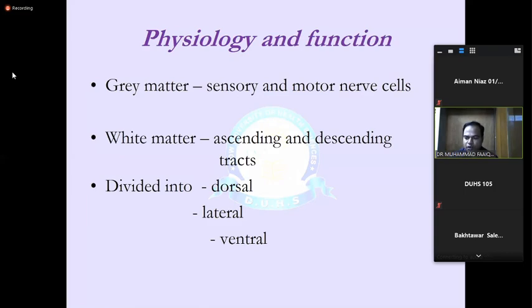In the dorsal column, the most important ascending tracts are fasciculus gracilis and fasciculus cuneatus. The anterolateral column and anterior column contain the corticospinal tract, which is a descending motor tract, and the ascending tracts are the anterior and lateral spinothalamic tracts.